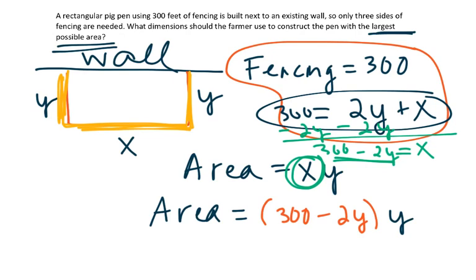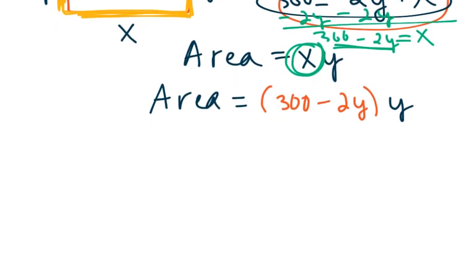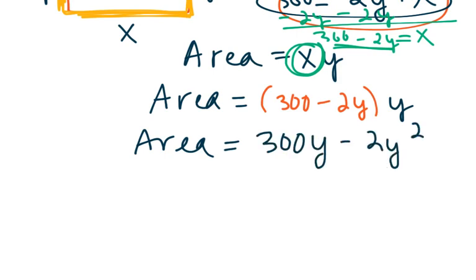You could do it the other way too, it's just I don't want to have to deal with fractions and all that. Let's simplify this a little bit further before I differentiate. Area is equal to 300y minus 2y squared. We're looking for the largest possible area, so let's differentiate.